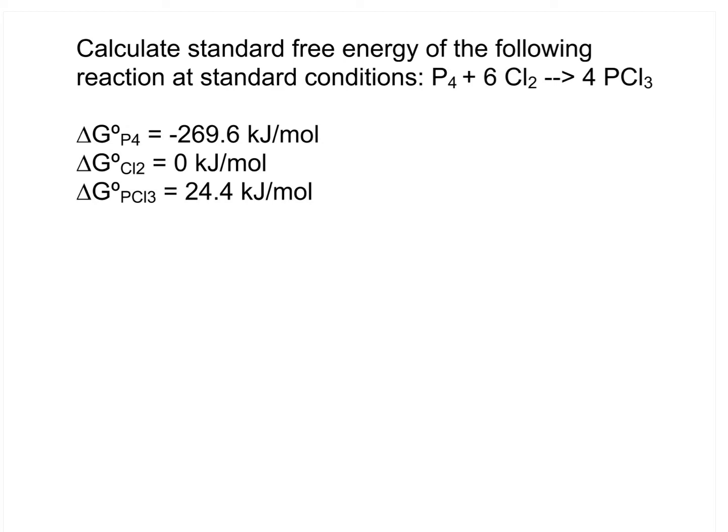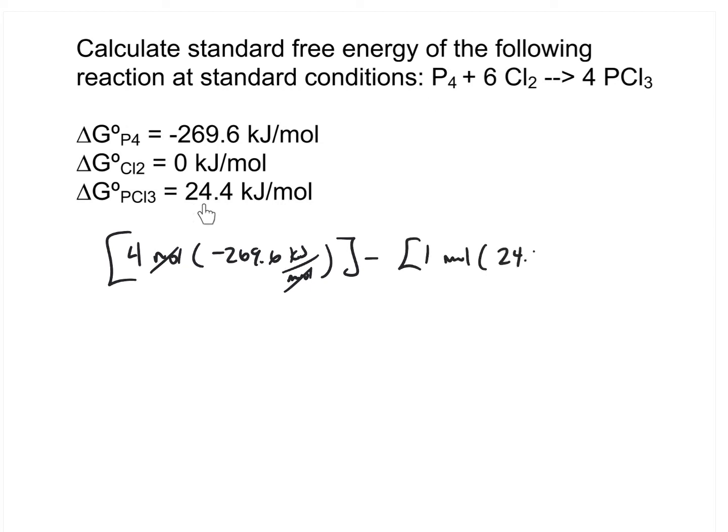So I start with the products first. I take 4 moles times the negative 269.6 kilojoules per mole, and the moles cancel each other out. Then I take that and subtract the 1 mole of the P4 times its free energy of positive 24.4 kilojoules per mole. And since Cl2 has 0, then it doesn't really matter because anything times 0 is 0.